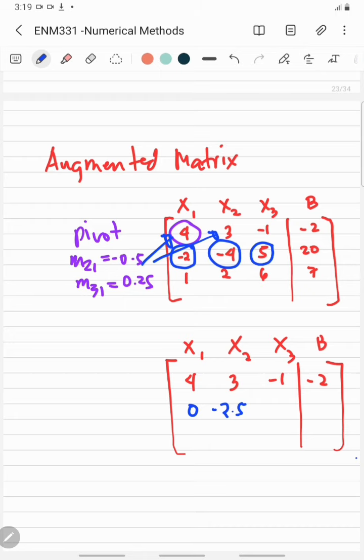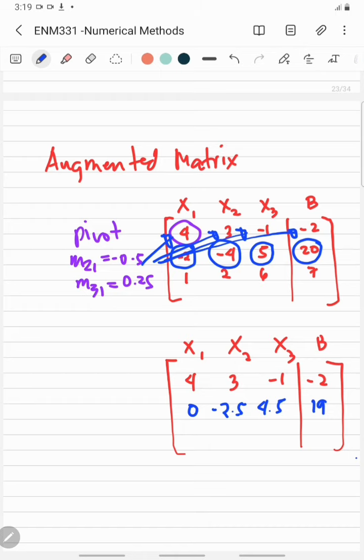Then 5 minus negative 0.5 times negative 1 is equal to 4.5. Then we have 20 minus negative 0.5 times negative 2, which gives 19.